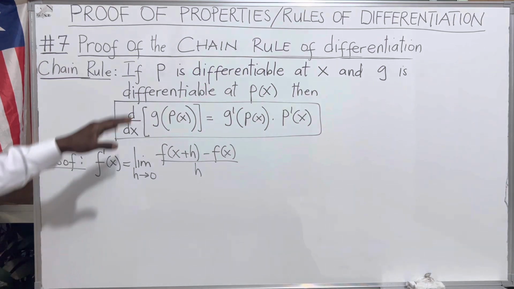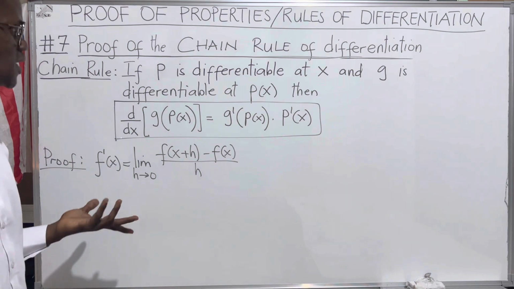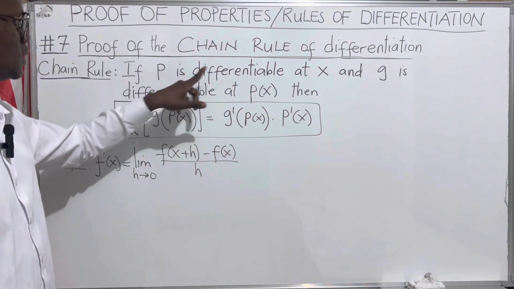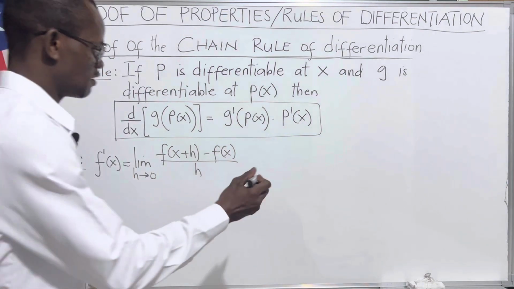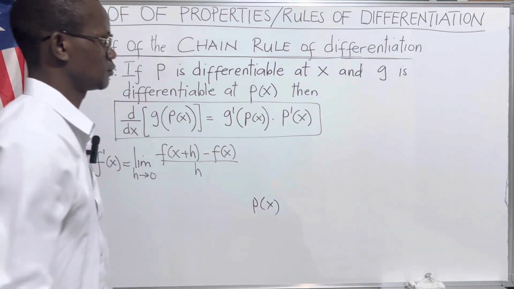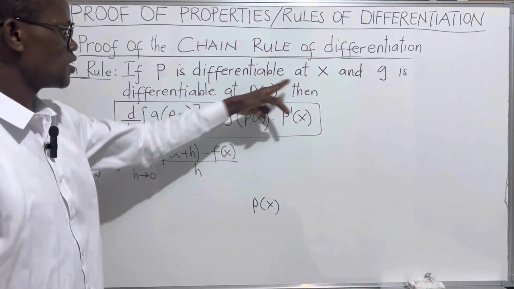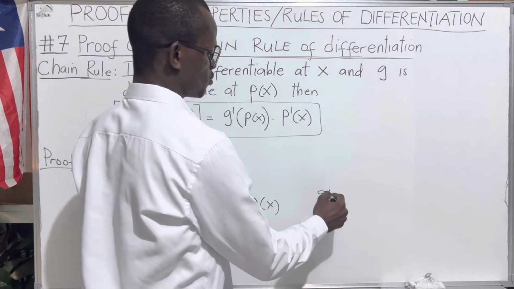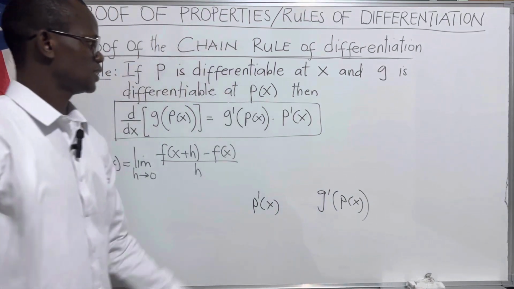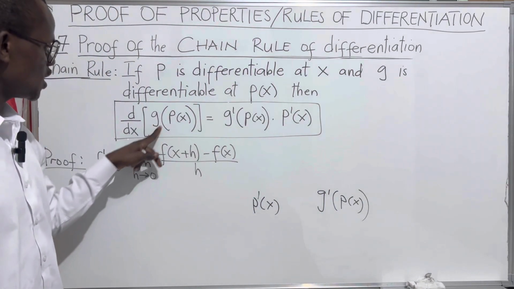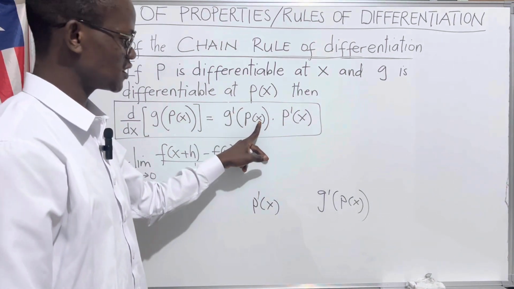Now we say if p, a function, if p is differentiable at x, that is you have p of x, and g is differentiable at p of x, that is, you have g prime of p of x, then the derivative of g of p of x will just give us g prime of p of x.